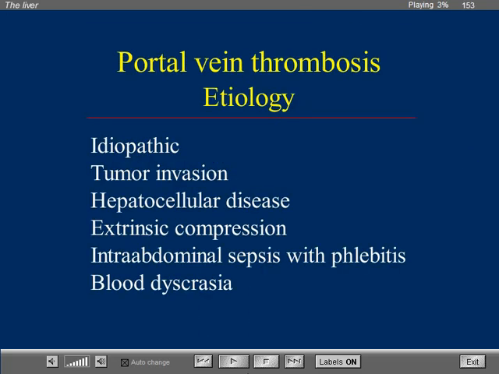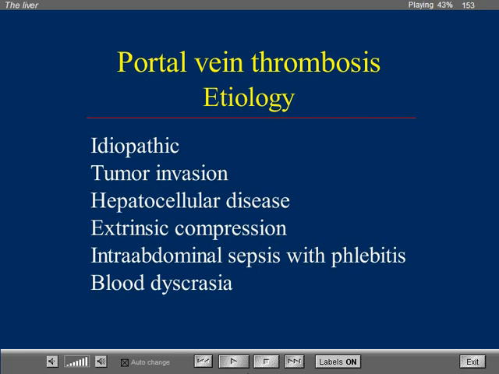Portal vein obstruction can be divided into intrahepatic and prehepatic. Typically, in patients who have schistosomiasis, one gets a presinusoidal or intrahepatic portal vein obstruction. We're going to discuss now the prehepatic portal vein obstruction.